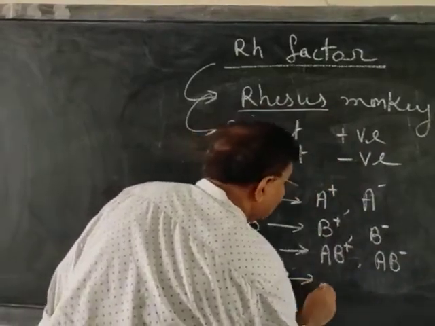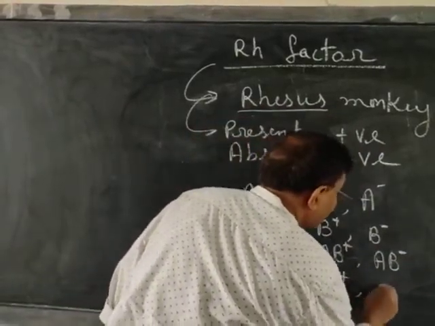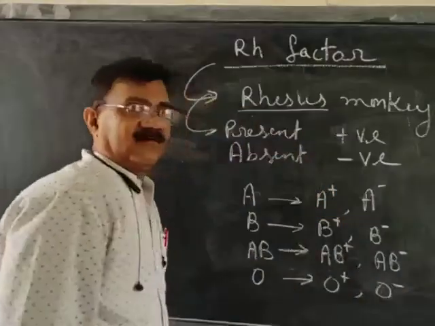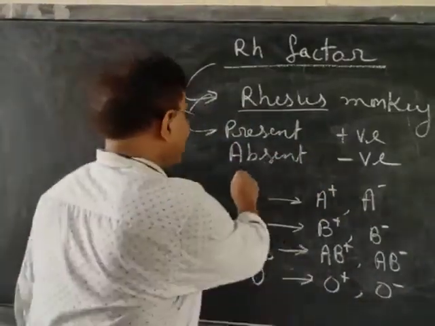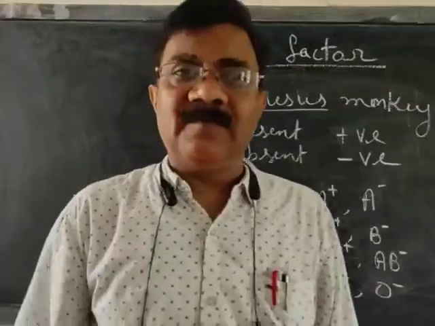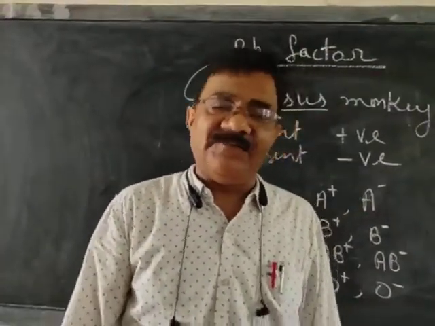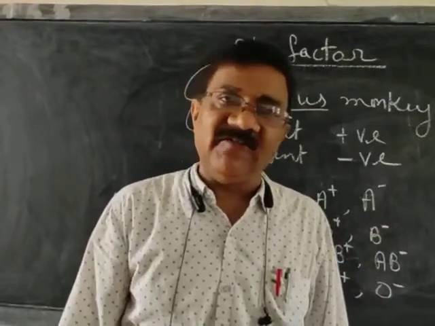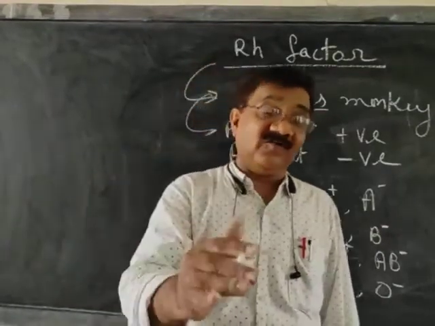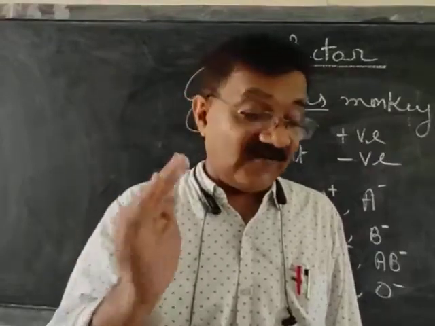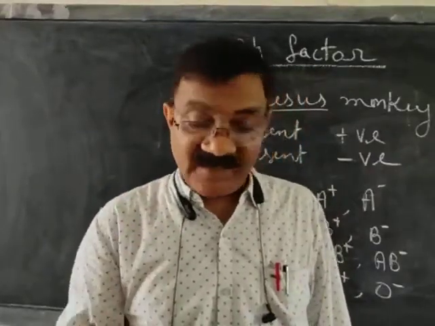O is either O positive or O negative. That is clear. In each blood group, if the RH factor is present, it will be positive; if absent, it will be negative. Now find out what your blood group is and what your RH factor is.